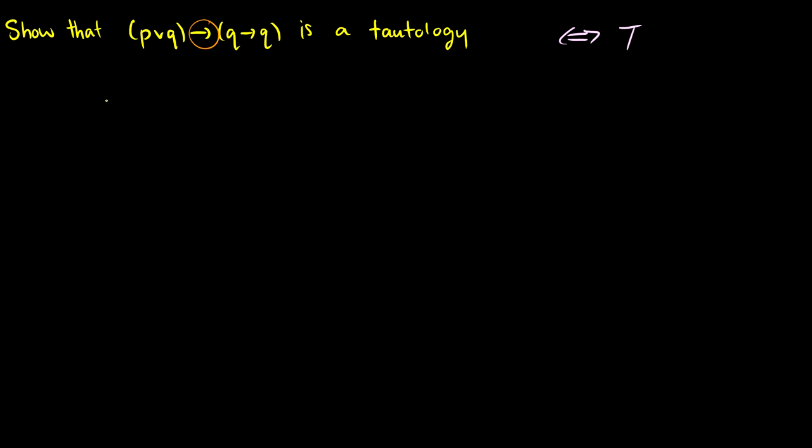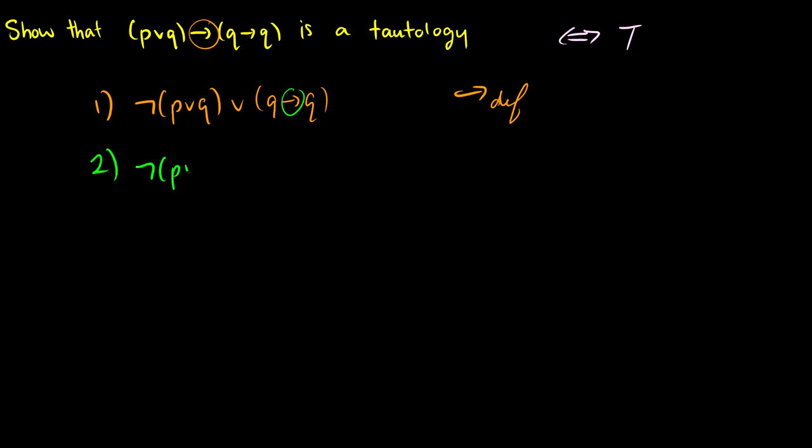So we'll get not P or Q or Q arrow Q. And that's, of course, the definition of the arrow. For the second step, we're going to do the same thing with this arrow. So we'll have not P or Q or not Q or Q. Okay, so once again, that's the definition of the arrow.